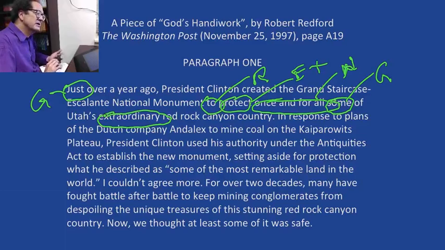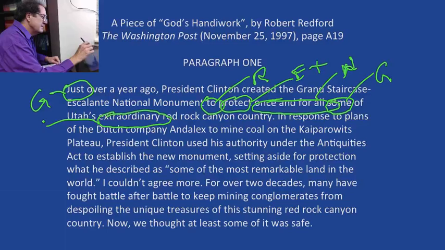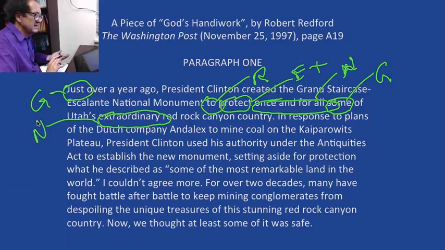But the word extraordinary doesn't say extraordinarily good. You can have things that are extraordinarily bad. To say it's extraordinary is to say it's out of the ordinary, and the Red Rock country might be extraordinarily ugly. So the word extraordinary itself is not by itself an evaluative word, so it should be marked as nothing.